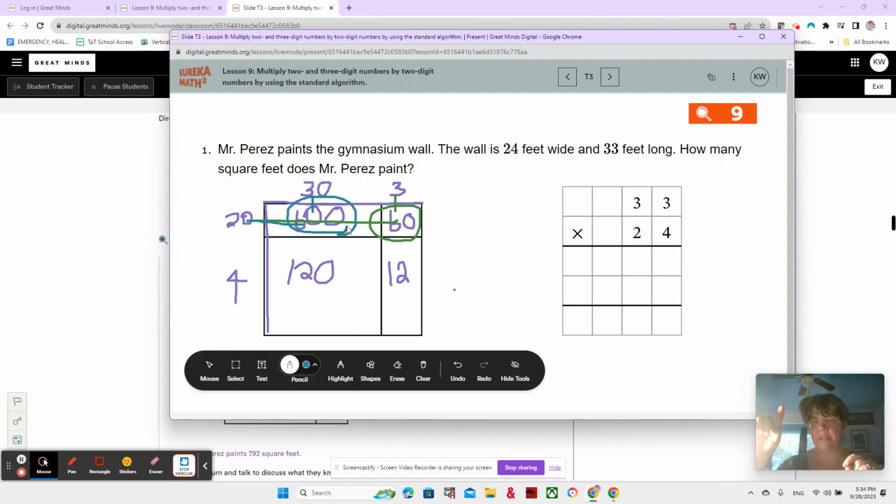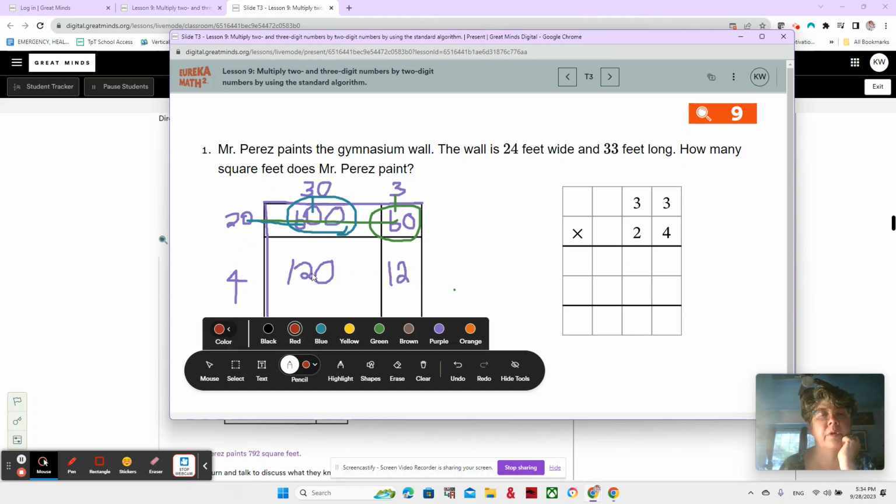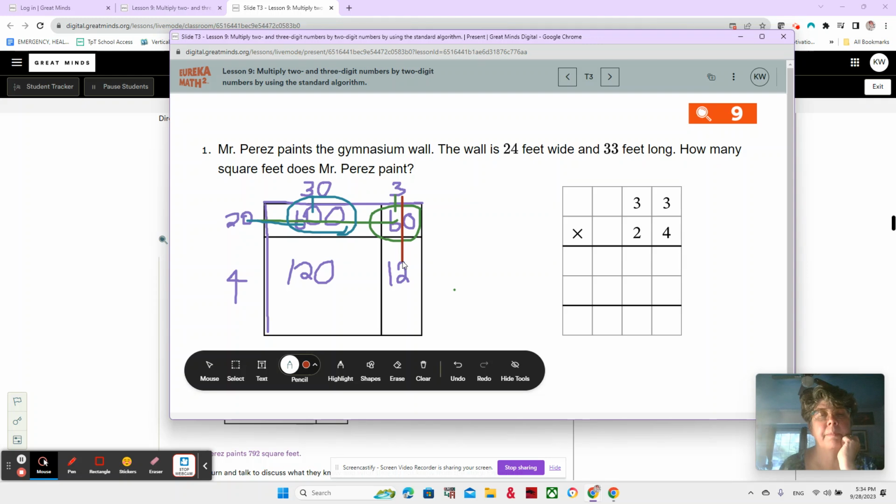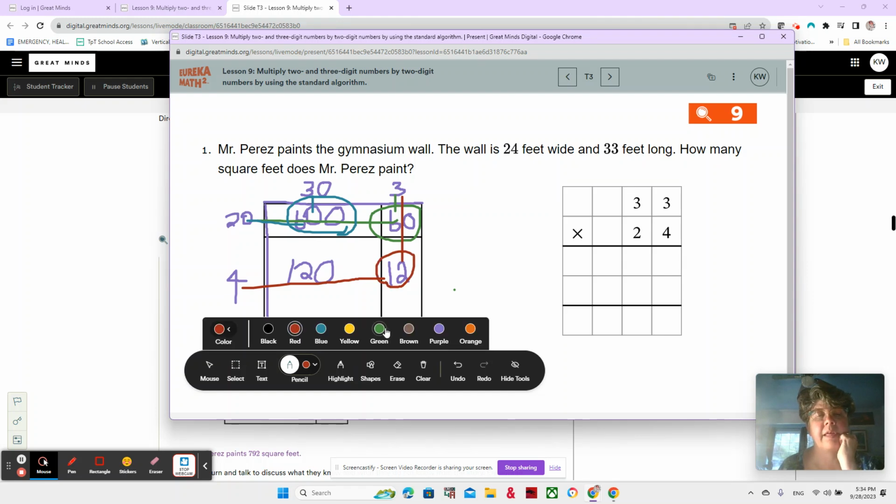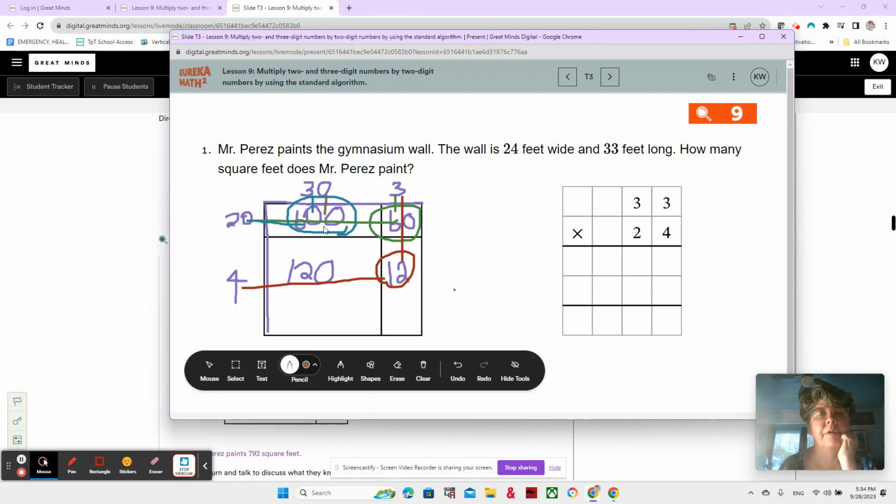So if you take your fingers and you go where the boxes meet, that can help if you're struggling with that. Then we have 3 times 4, and that's 12 in this box. And then 30 and 4, and that's 120 in this box.